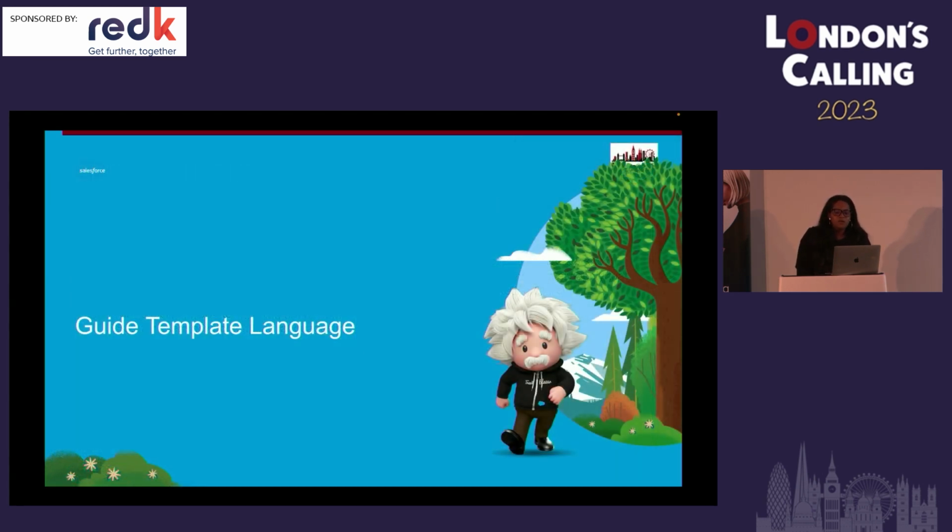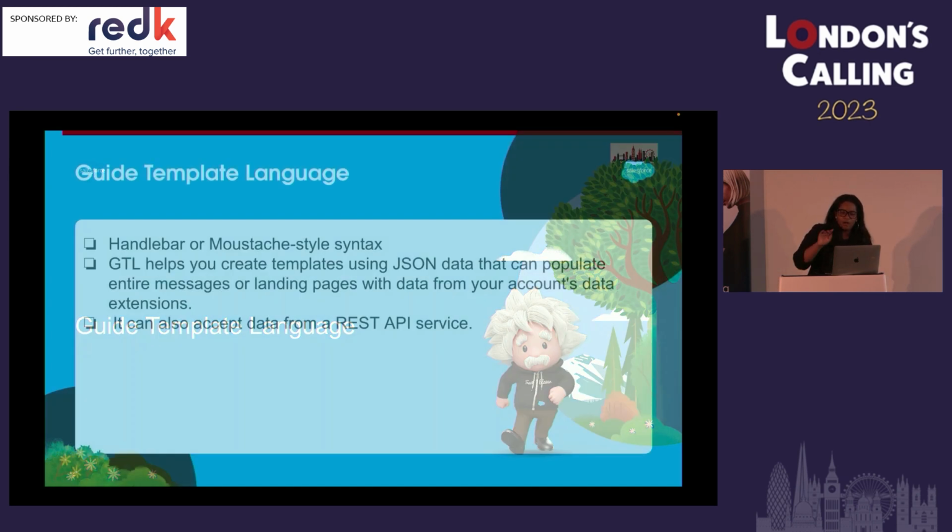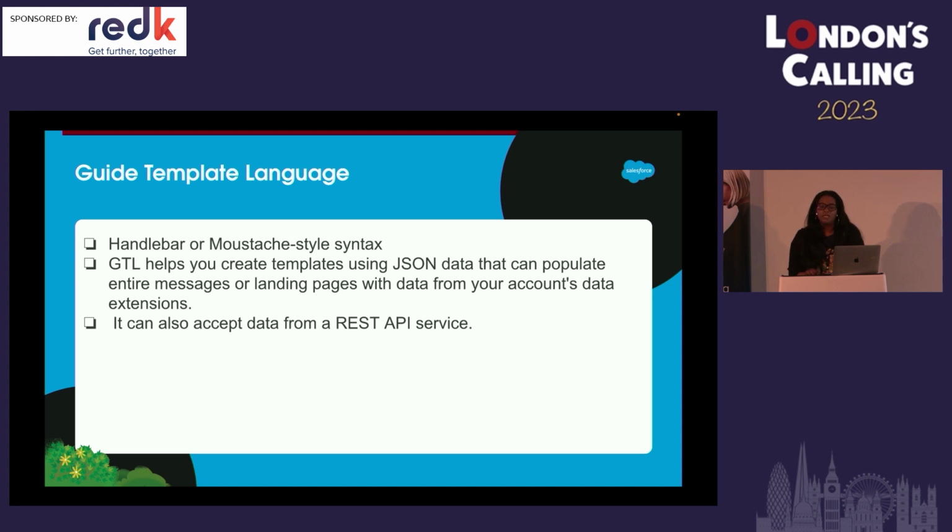Okay, we do have this little nifty thing called guide template language that I did want to cover, that is not really used that much, to be honest. Guide template language has a handlebar or mustache style syntax, is what they call it. It was primarily used to parse JSON before we came out with SSJS and before we added the parsing function to AMPscript.